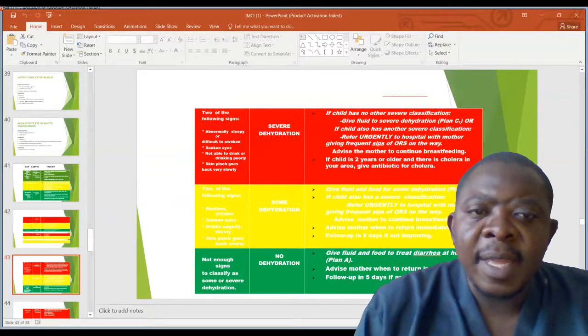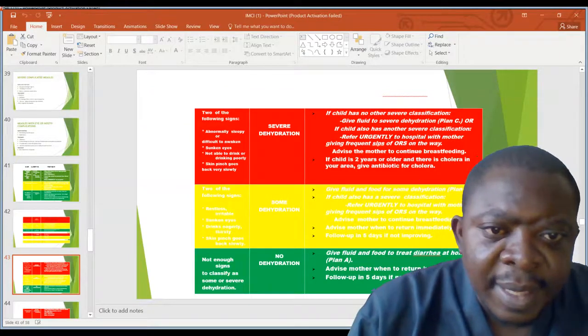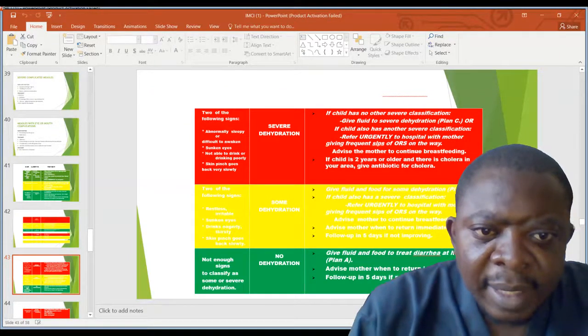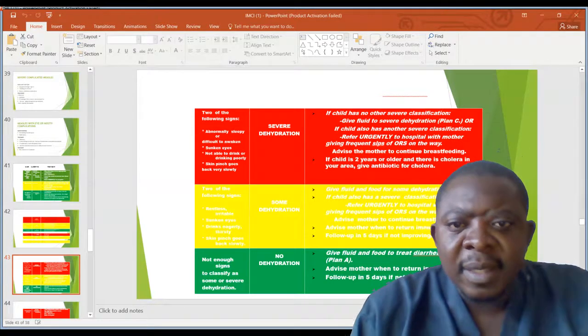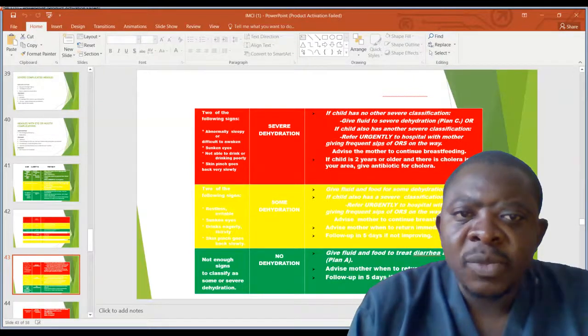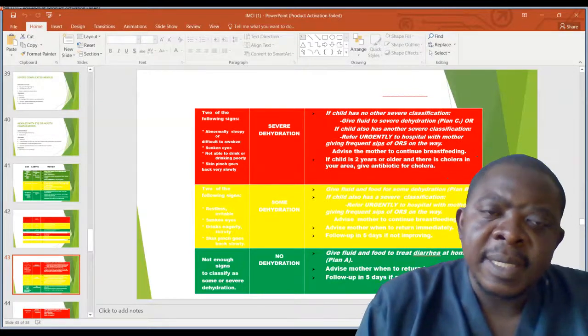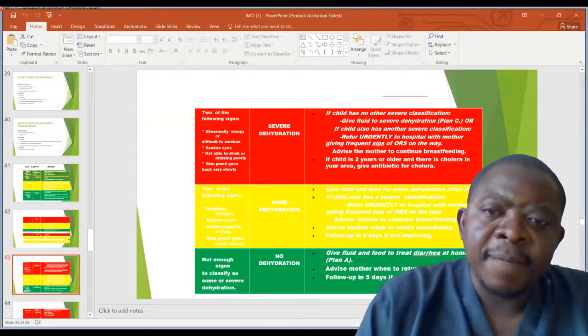Then under yellow, there are two of the following: the child has sunken eyes, drinks eagerly, then that is some dehydration, and then you give the appropriate treatment and whatever is needed to be done for this child under plan B.